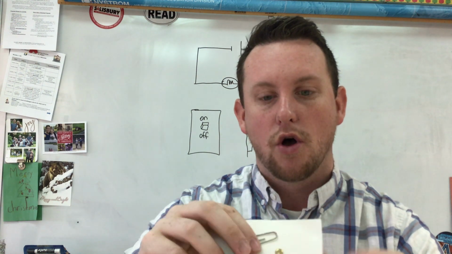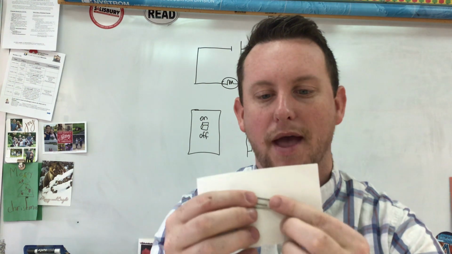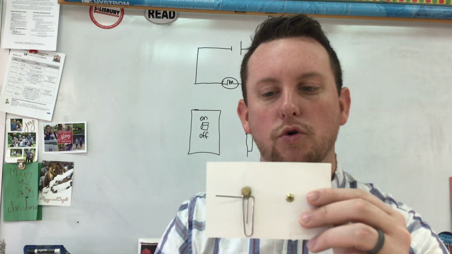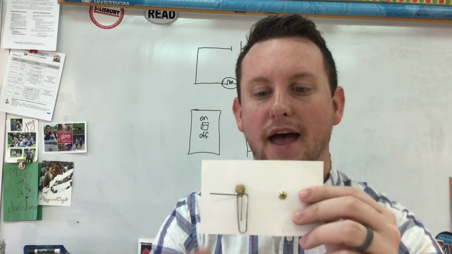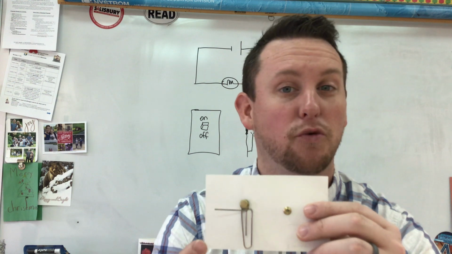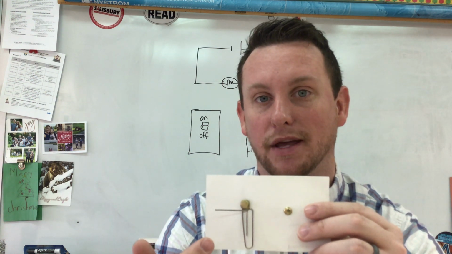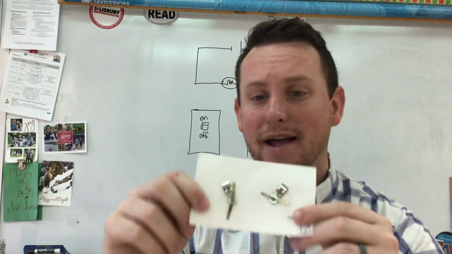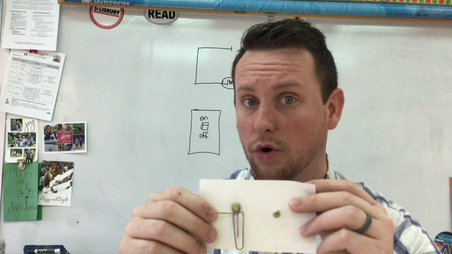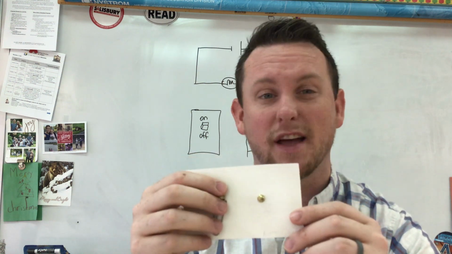So when it's in an on position, the light would light because the paper clip is making contact with the brass fastener. Once I remove the paper clip, there's a break in the circuit and the energy can't get across, even if it wants to. So this would be an open circuit with the light being off. Some basic materials, but this is very similar to what's in your classroom light switch, just with some fancier pieces.